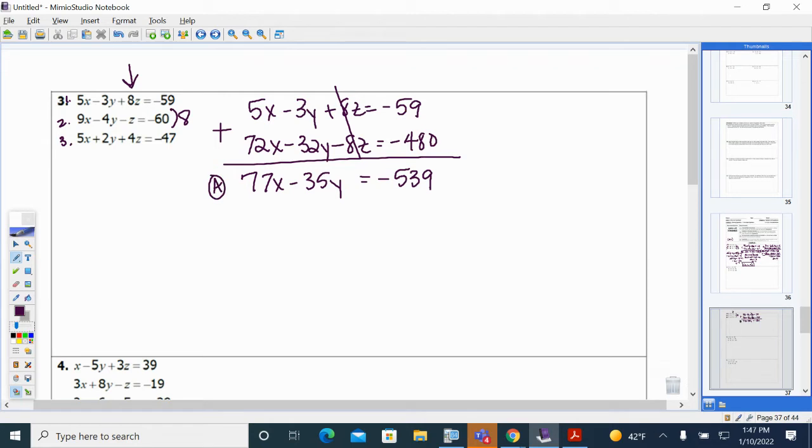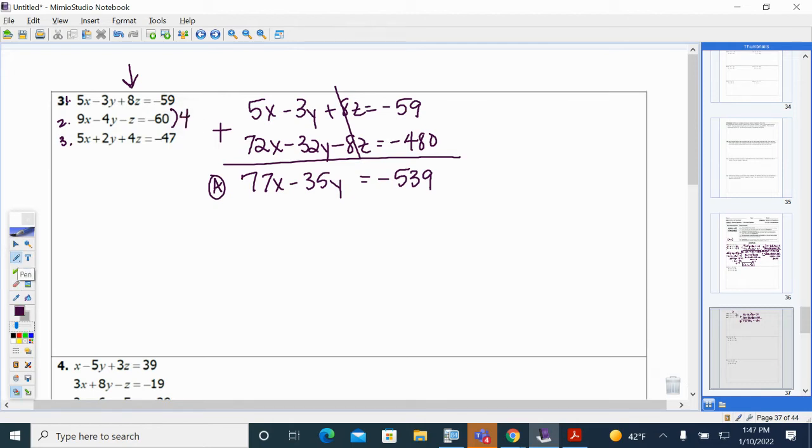All right, so from there, I'm going to continue to use equation 2, but because I didn't use equation 3, I need to use that one. So using equation 2 and 3 this time, the z on equation 3 is a 4, so I'm going to multiply equation 2 by a positive 4 so that the z's are going to eliminate.